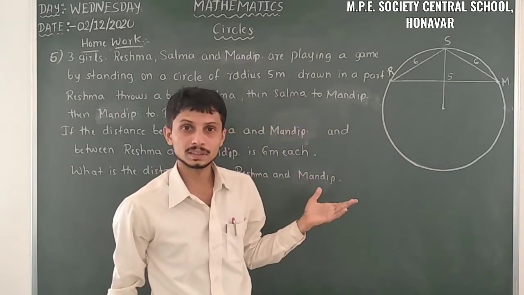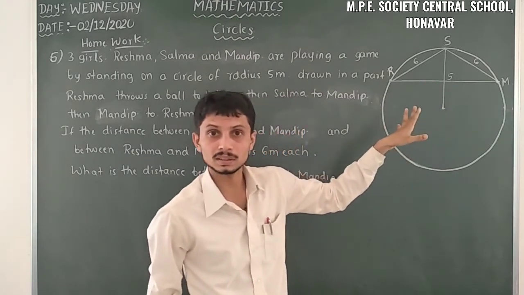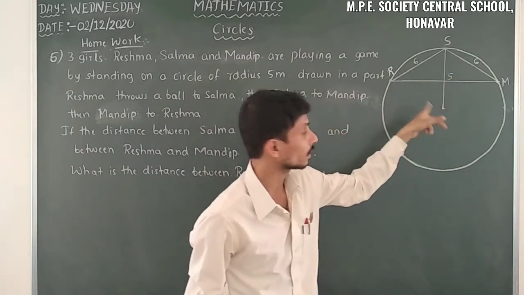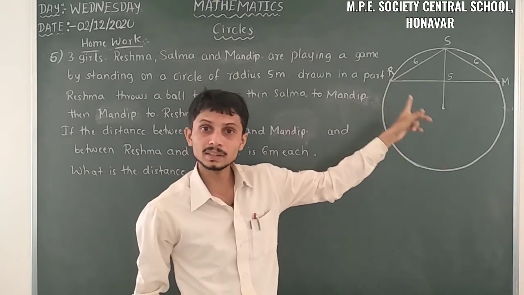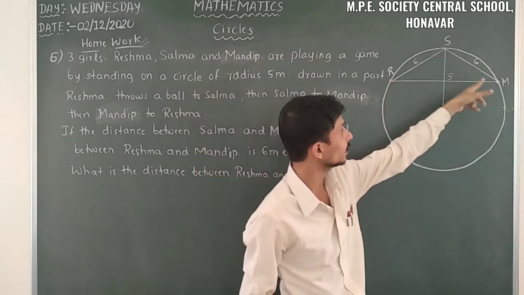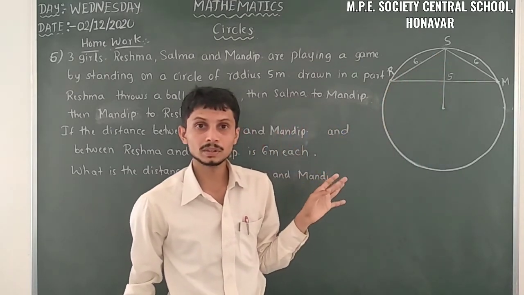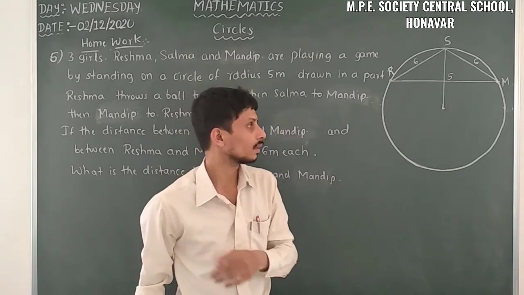How to find out those things here? We know only one thing: the radius of the circle is 5 meter. This distance and this distance are given, so some more calculations are needed.